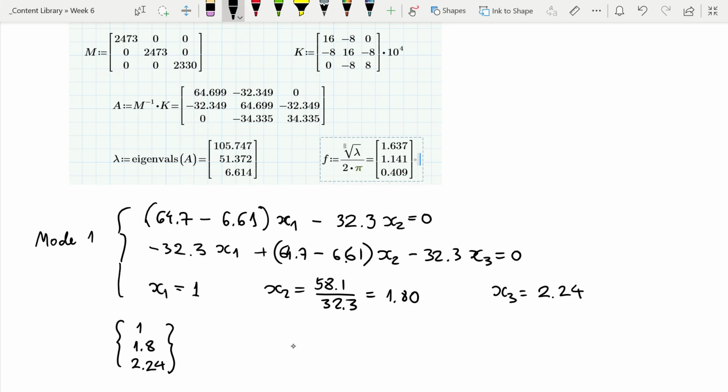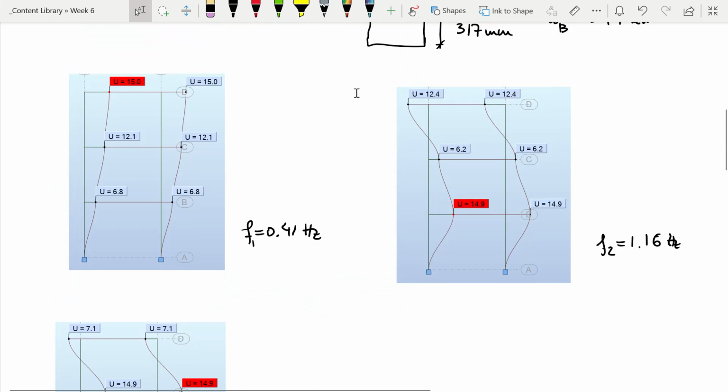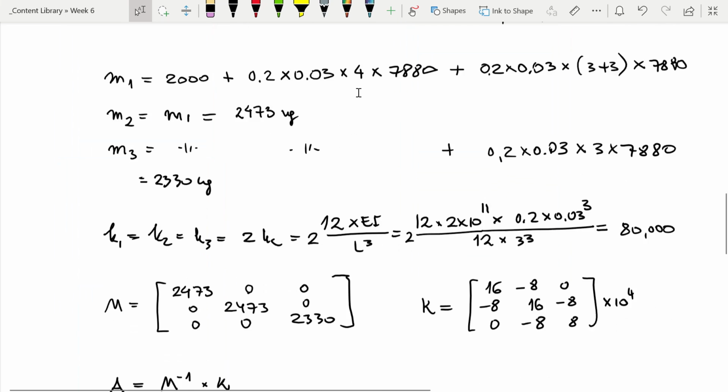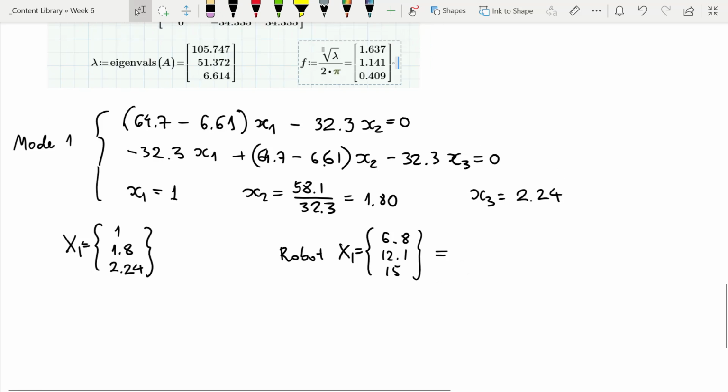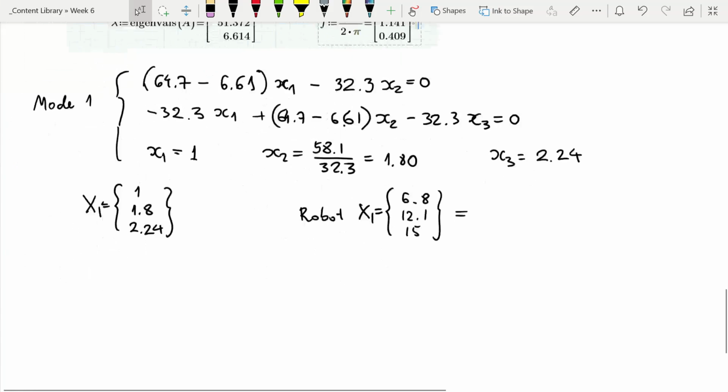What do we have in robot? In robot, x1 for the first mode, 6.8, 12.1, 15. Now, how can we find if this is the same? Well, simply we divide it by the first number.